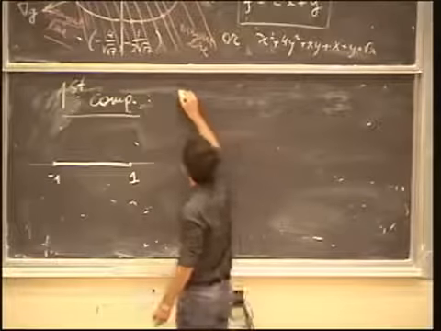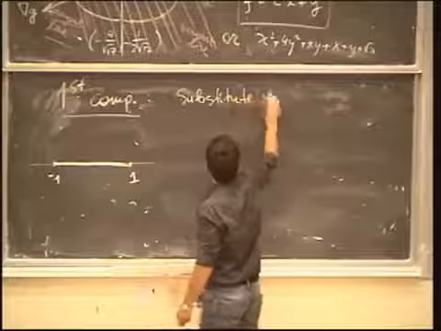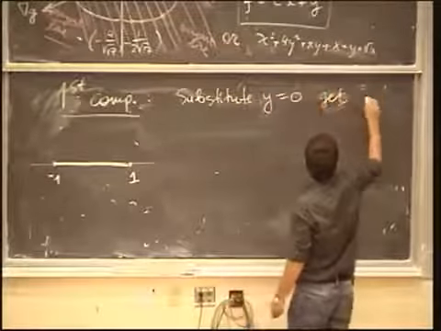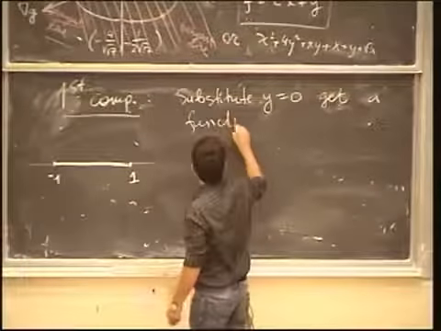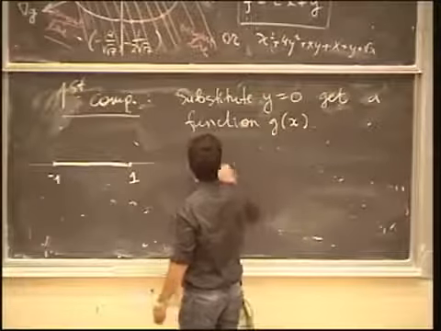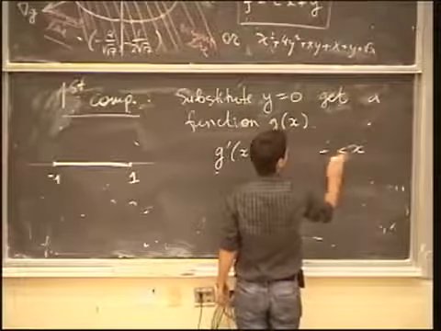You substitute y equals 0, get a function g of x, and then solve the equation g prime of x equals 0 when x is between -1 and 1.